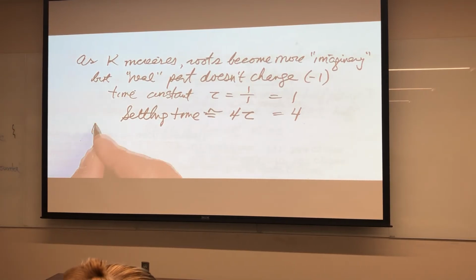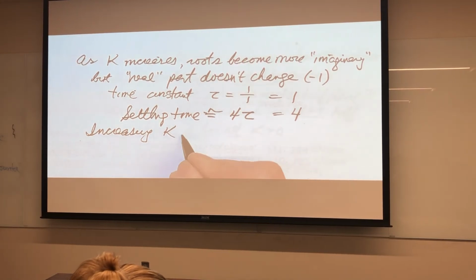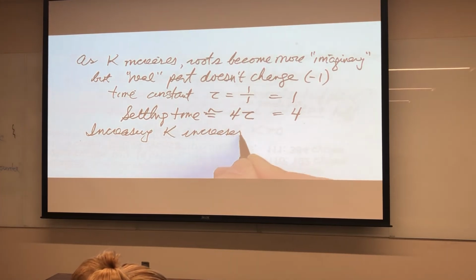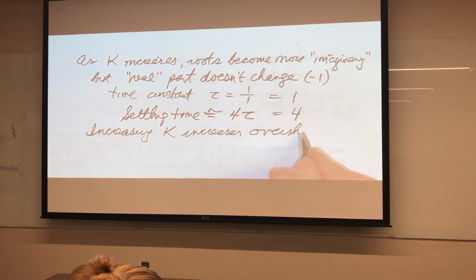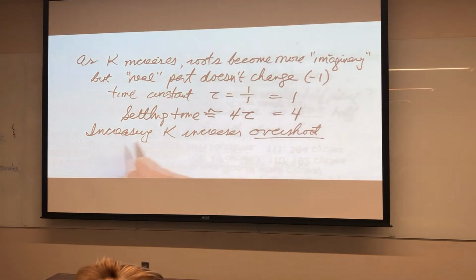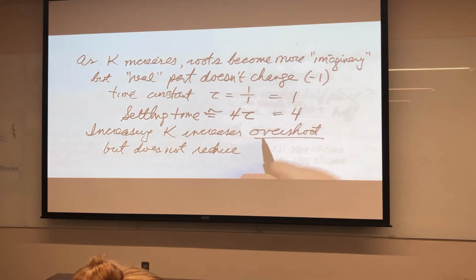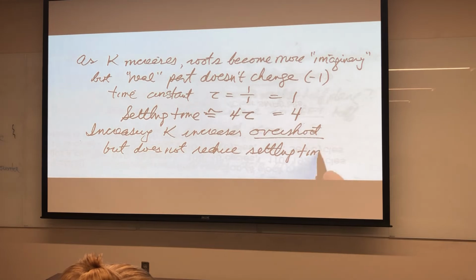So the observation is that increasing k increases overshoot because things become more imaginary, but in this case does not reduce settling time.